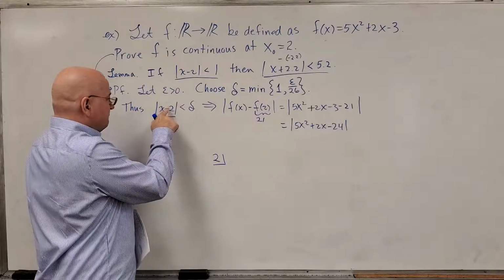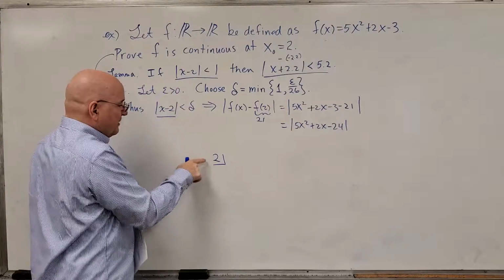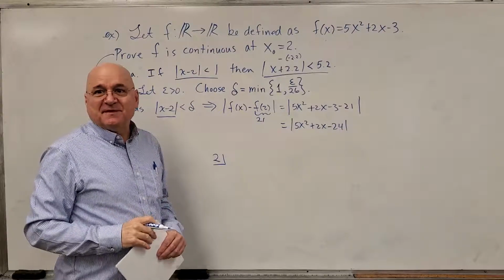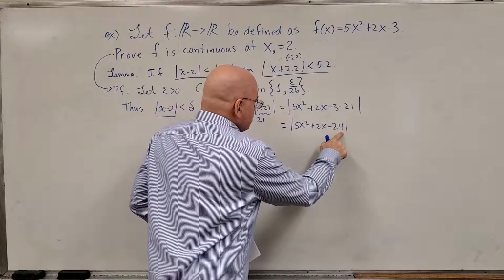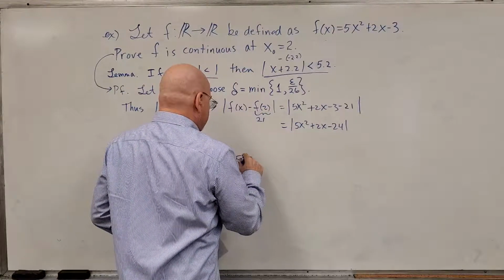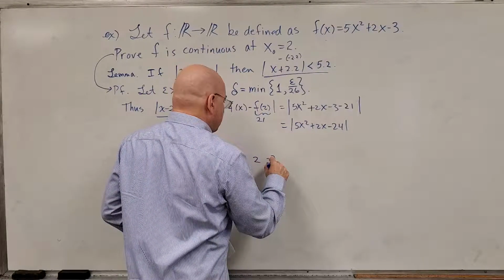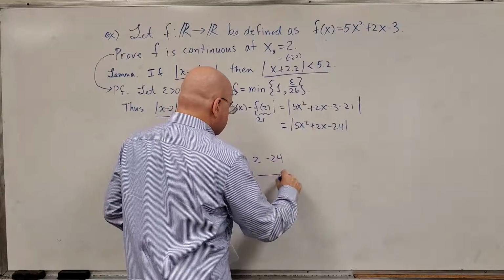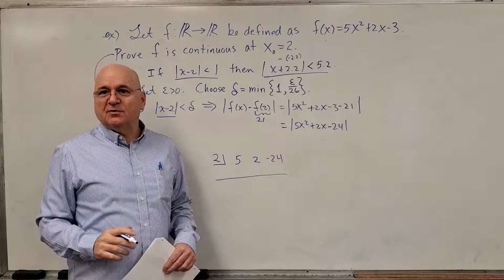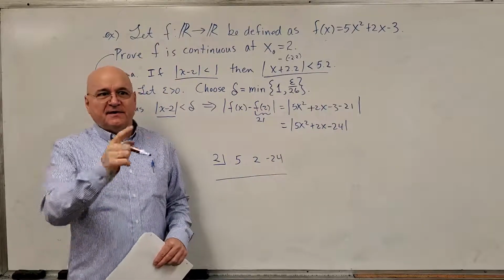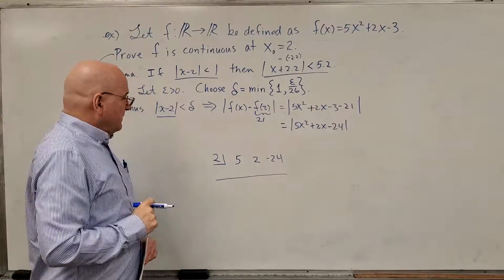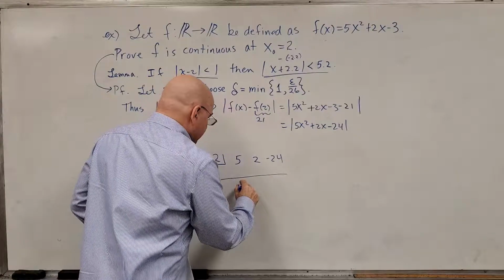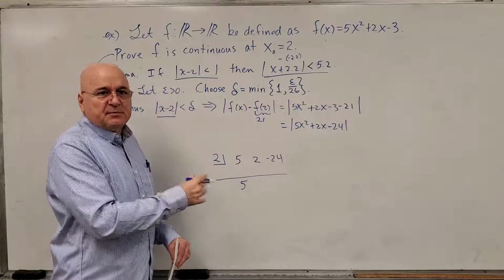X minus this number, you put this number in the cup, they call it sometimes. And then you put all the coefficients, 5, 2, negative 24, like that. So does this look familiar to 2 or 3 of you? Okay, well, you bring the 5 down, you just bring that number down, and then you just do this repetitive process.